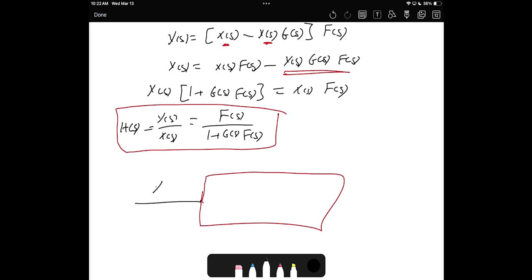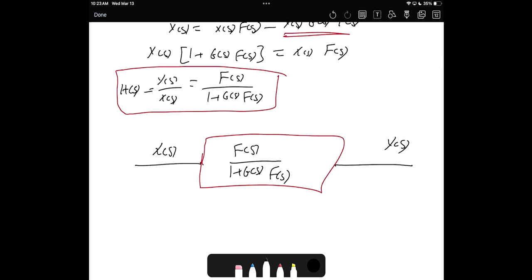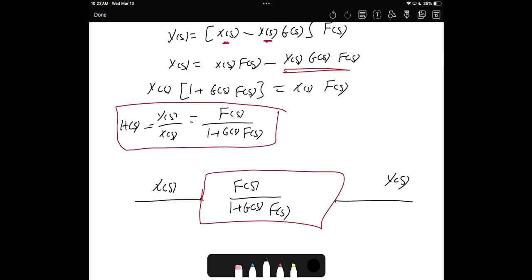So here we have x of s, here we have y of s, then it will be f of s over 1 plus g of s f of s. Does this make sense? Now let me give you a few seconds to write, then I'm going to go through a quick example about this.